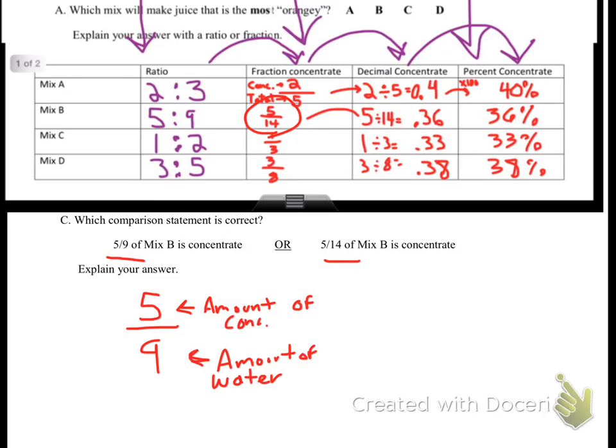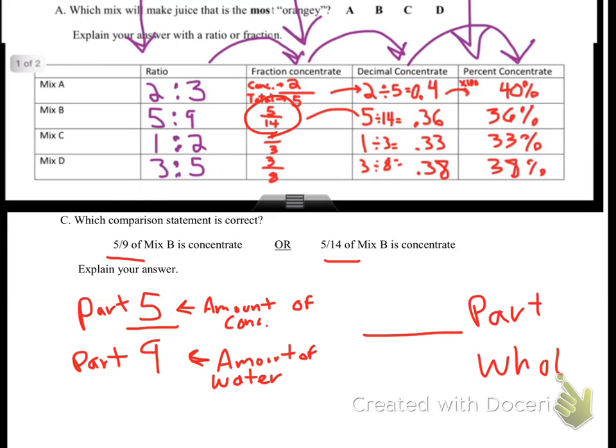Now, is that a fraction? Well, no, that's not even a fraction, because this is a part, this is a part, but a fraction needs to be a part and a whole in order to work.